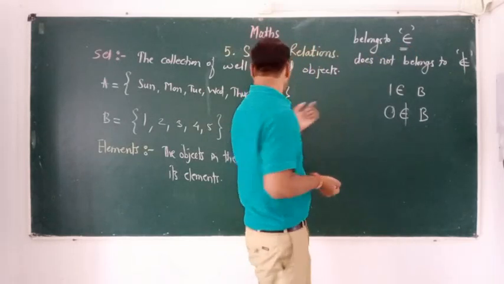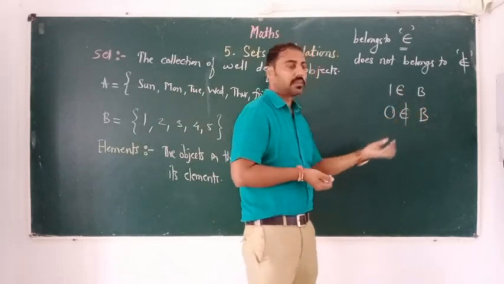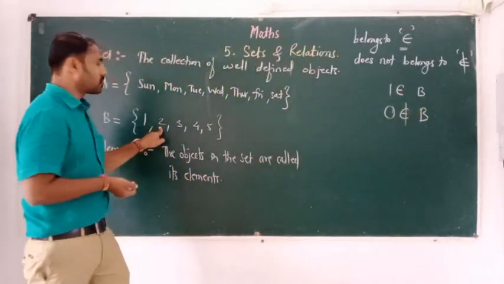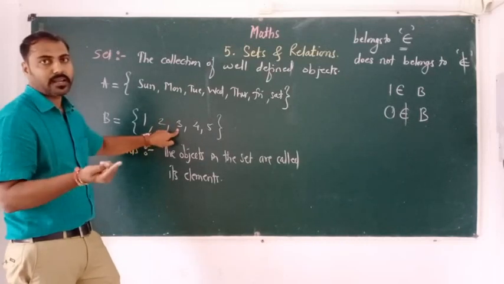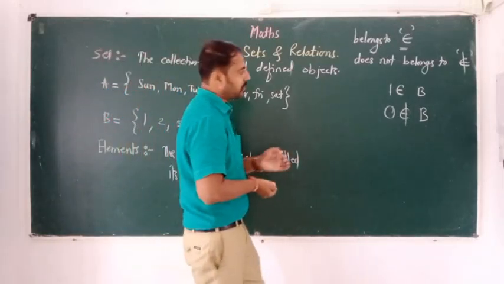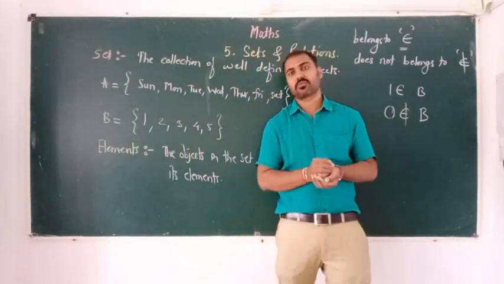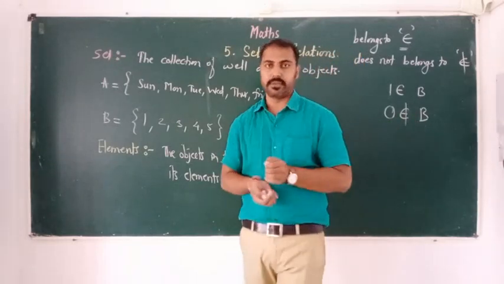Clearly, 1 is in B, so I can write 1 belongs to B. 2 is in B, so I can write 2 belongs to B. 3 is in B, I can denote 3 belongs to B. But look here, 0 is not in B, so I can denote 0 does not belong to B.